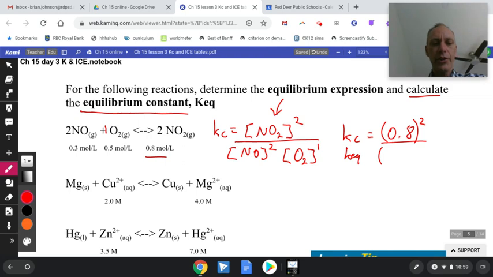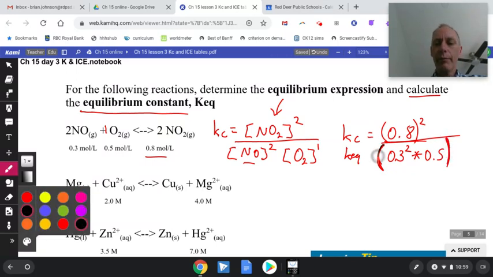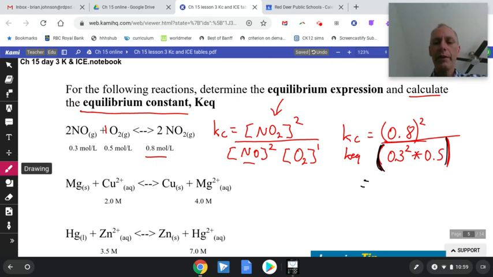We have the concentration of NO, which is 0.3 squared, times the concentration of O2, 0.5, not squared. Make sure you have brackets around the entire denominator. That is important for order of operations. Plug it into your calculator and you get 14.2, and I always like to put it over 1.